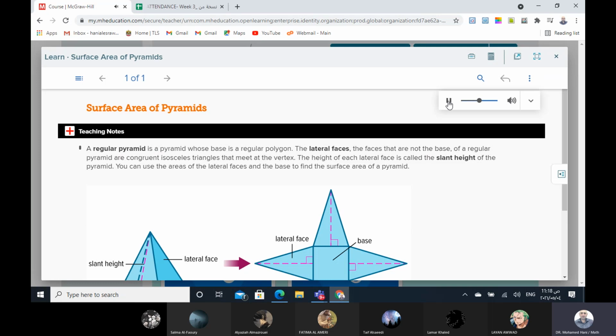A regular pyramid is a pyramid whose base is a regular polygon. The lateral faces, the faces that are not the base, of a regular pyramid are congruent isosceles triangles that meet at the vertex. The height of each lateral face is called the slant height of the pyramid. You can use the areas of the lateral faces and the base to find the surface area of a pyramid.